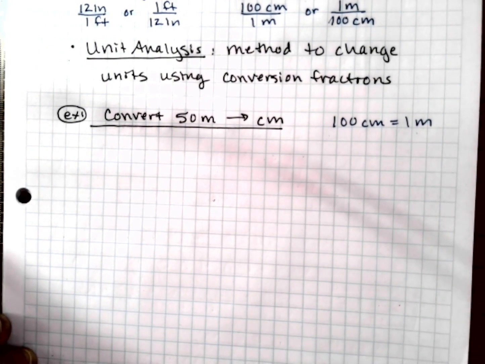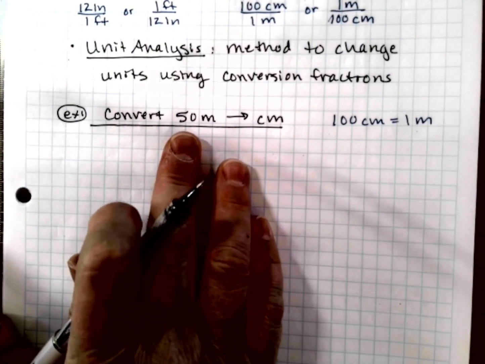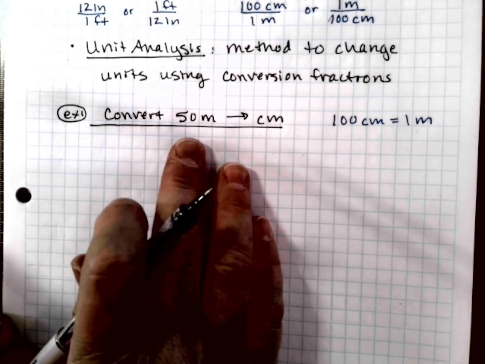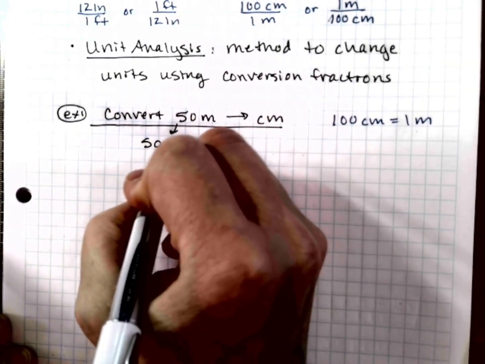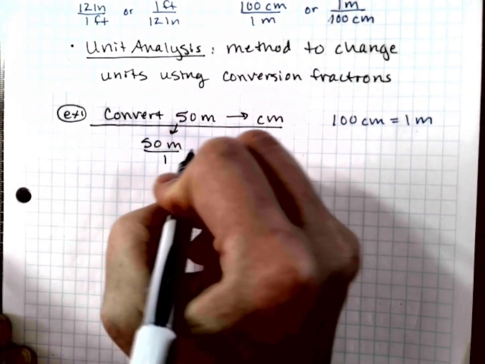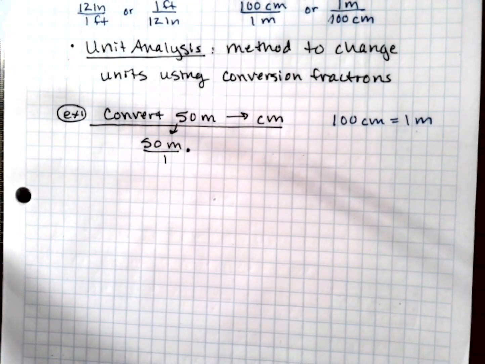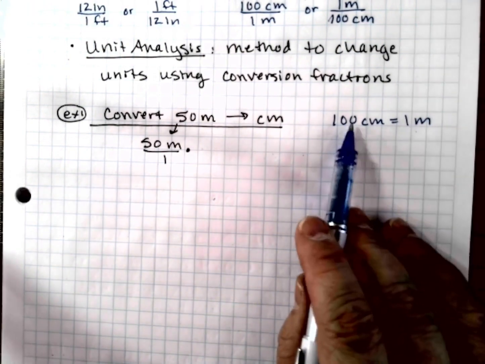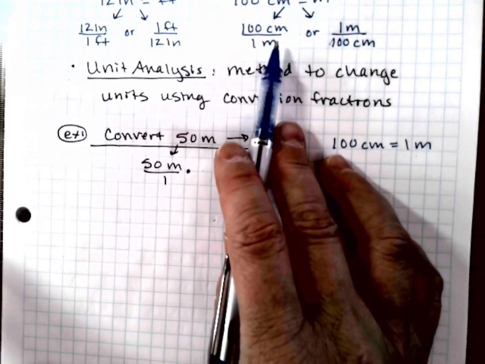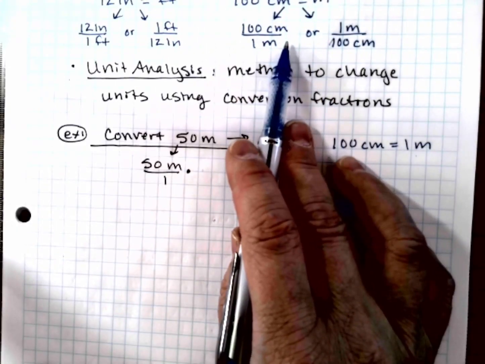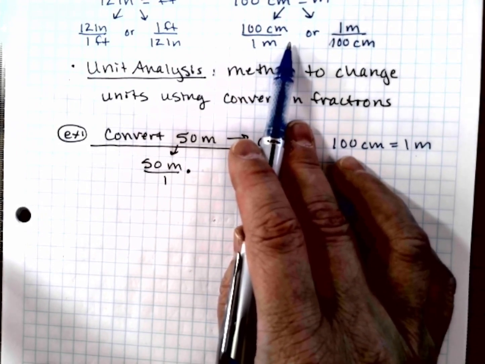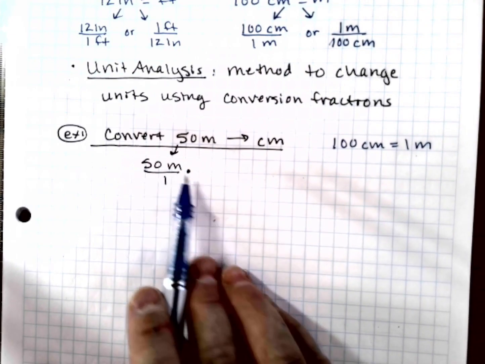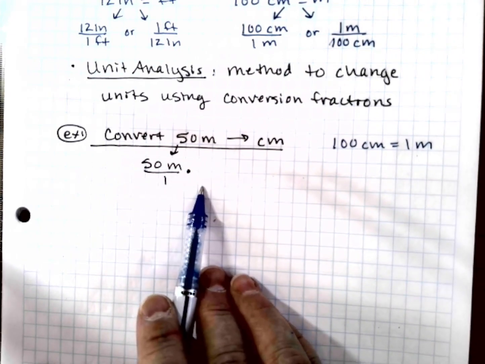Okay, so first you start by taking what you've been given, which is 50 meters, and just put it over 1. Now, you're going to multiply it by a conversion fraction, and you want meters to cancel. So your choice of which way this goes, meters on top, meters on bottom, is what will cause meters to cancel. Well, you know from prime factoring that if you have meters on top, you're going to want meters on the bottom, so they'll cancel.